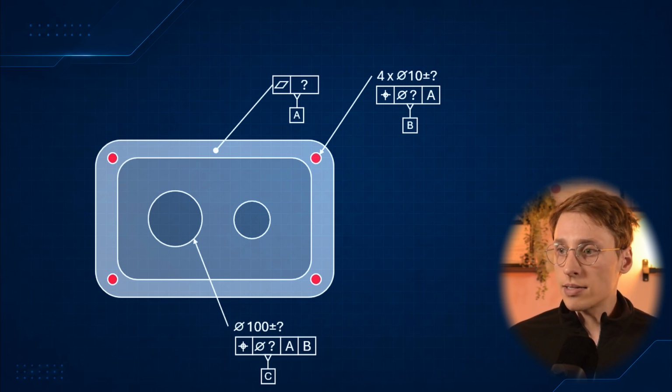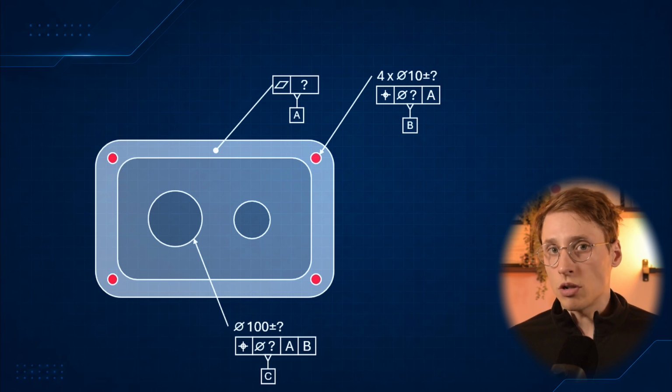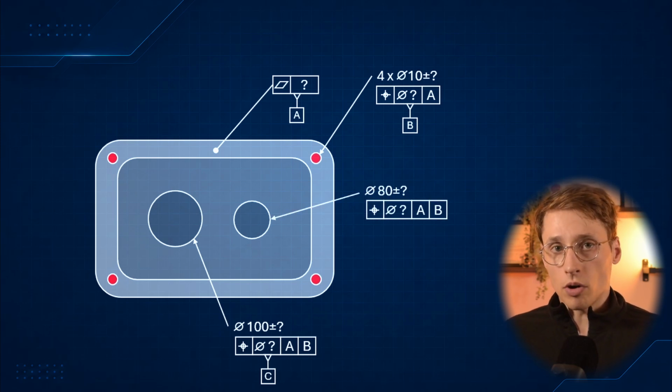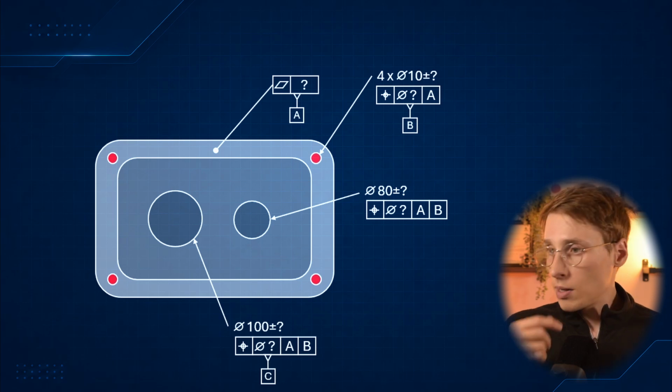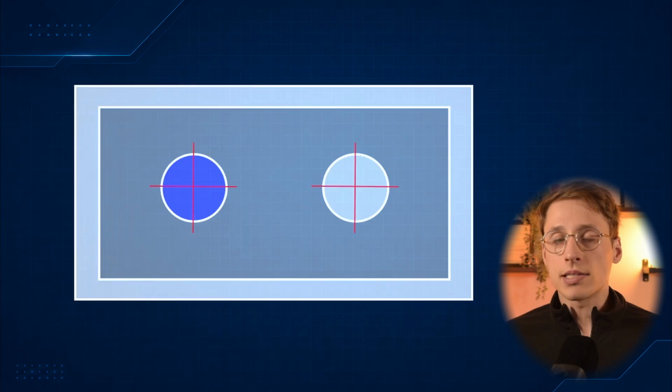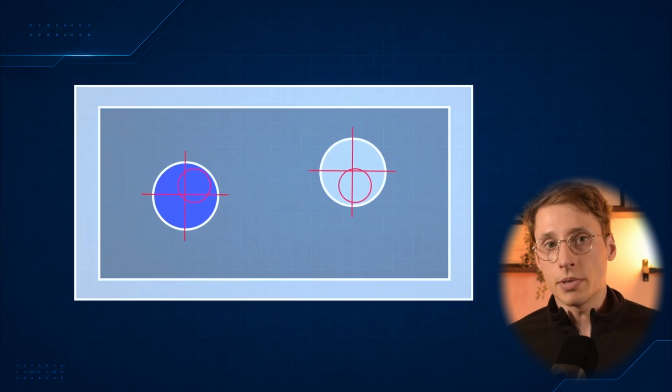And then instead of having a composite positional tolerance zone, because these are different sizes, we'll actually relate the smaller bearing bore, in this case the 80 millimeter bearing bore, to datum feature C. So we will have a looser tolerance zone relative to A B, and then a tighter tolerance zone relative to A C. And this achieves a very similar thing to what we see with a composite positional tolerance zone.